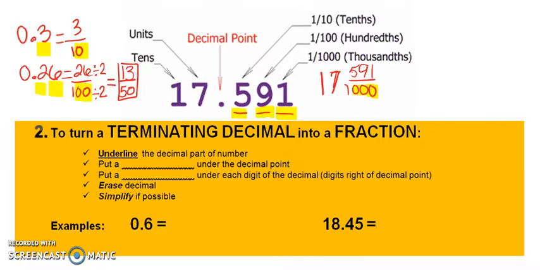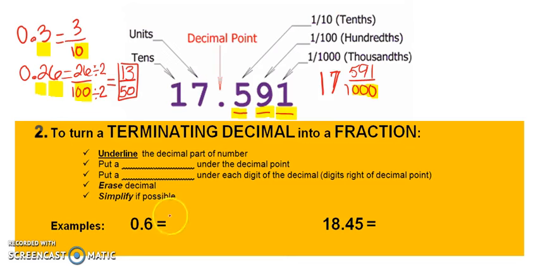So I showed you that so we can observe that even though the denominators are out of 10, 100, 1,000, 10,000, and so on, the way you can tell what the denominator should be is based on how many digits are in the decimal part of your number.